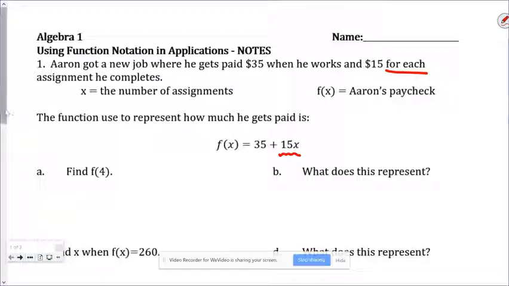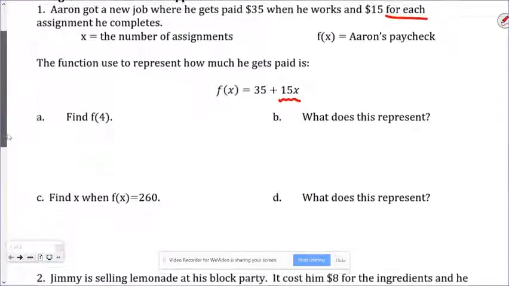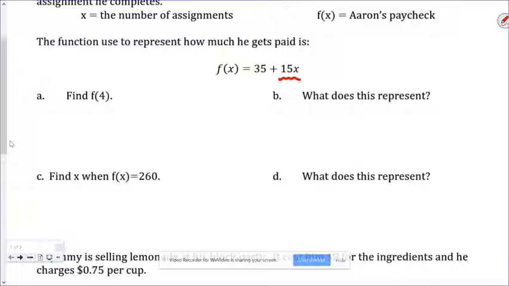So part A, it says find f of 4. So that 4 is where the x is in the function notation. So I'm plugging in 4 to the right side of the equation. So then this is equal to f of 4.